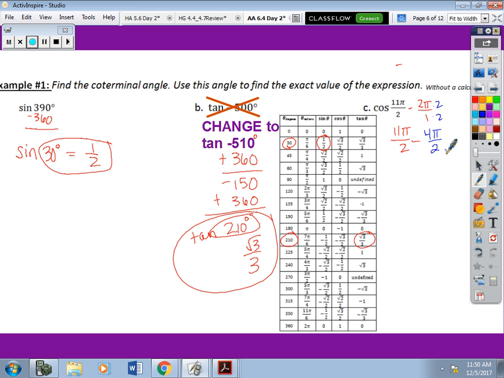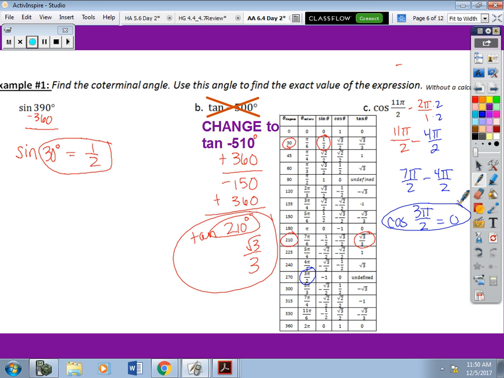I'm sorry, I first said multiply by 4. Then we can subtract. 11 minus 4 gets me 7 pi halves, which is also not in my chart. So I would have to do this process again. Subtract 4 pi halves, and we get 3 pi halves, which is in my chart somewhere. Then you would look at the cosine of that, which is 0.